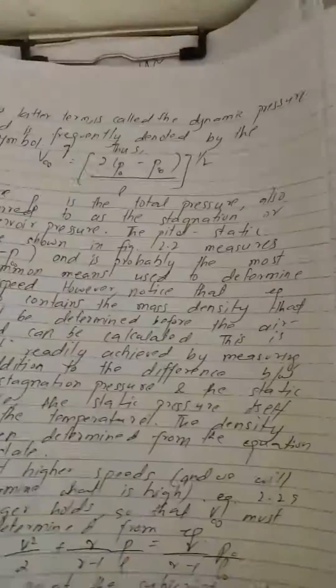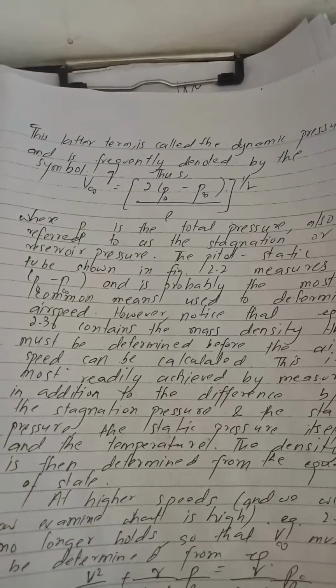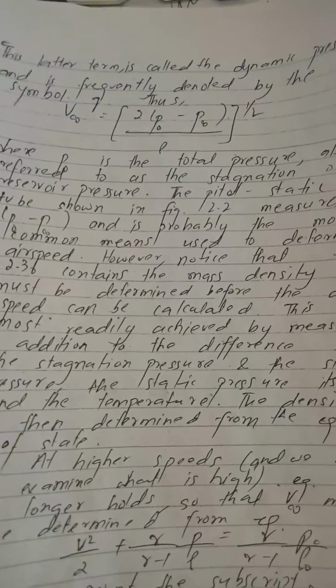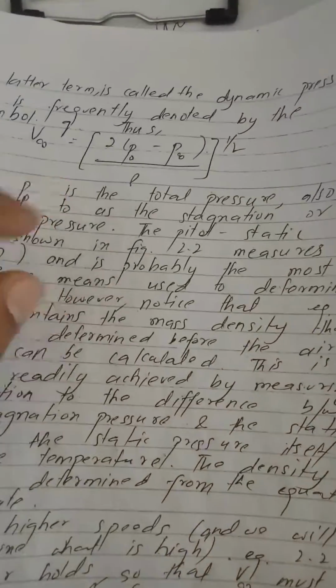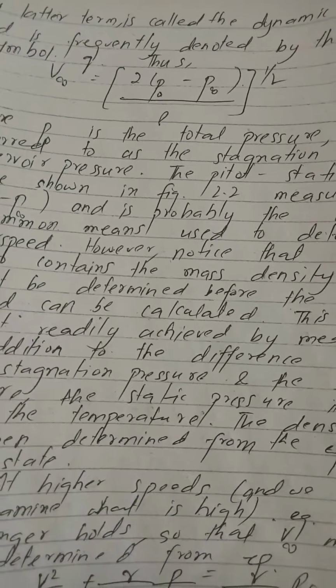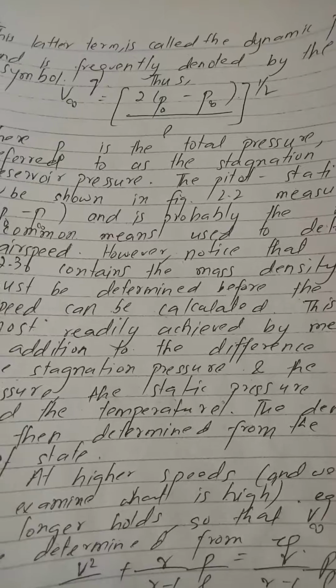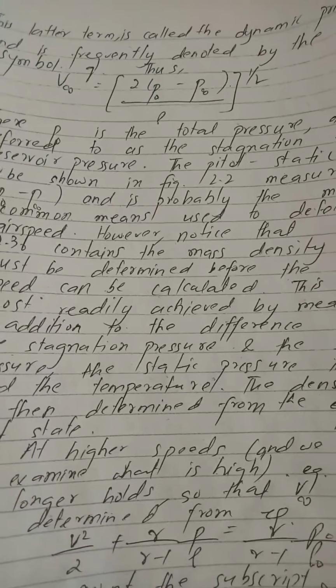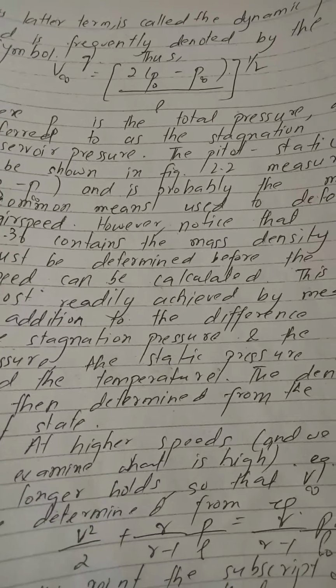And thus the latter term is called the dynamic pressure and is frequently denoted by the symbol q, and thus V infinity is equal to the square root of 2(p0 minus p infinity) over rho, where p0 is the total pressure, also referred to as the stagnation or reservoir pressure.